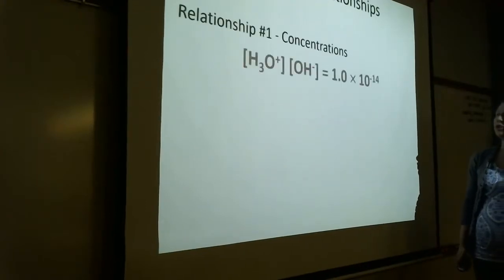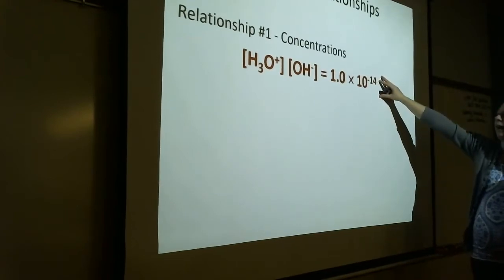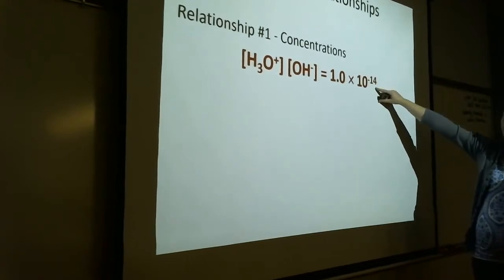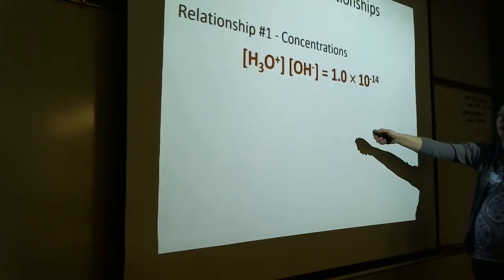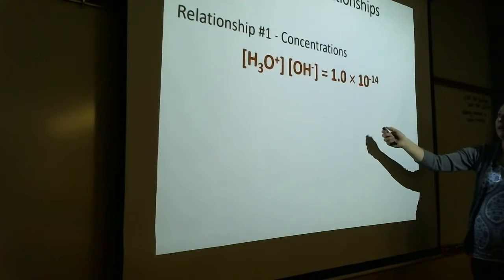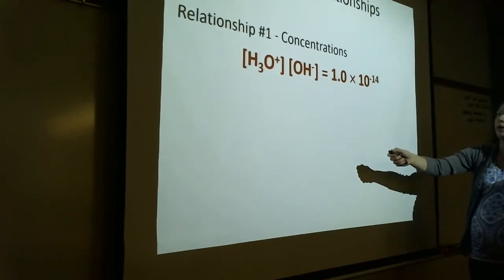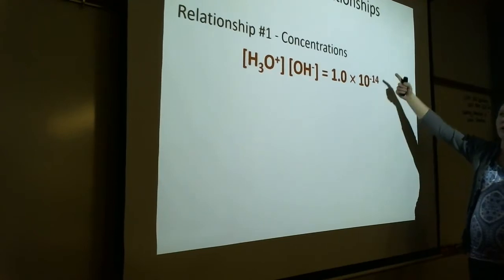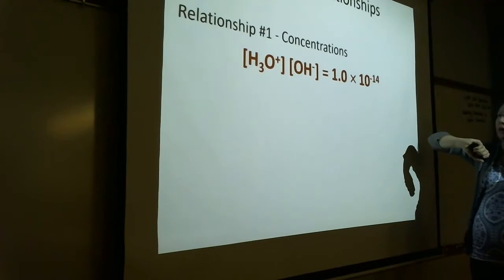All right, so there are 2 relationships that are meaningful. This is what we started with at the beginning of class, right? This is Kw. So if I have hydronium and I have hydroxide, I can multiply them together and I can get Kw. So if I know hydronium and I want to know hydroxide, and I know that I'm at 25 degrees Celsius, I can just do what we did at the beginning of class.